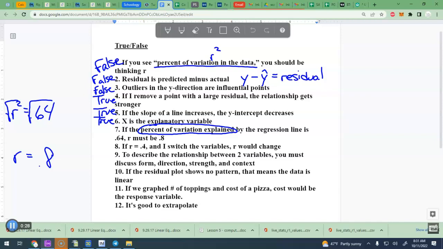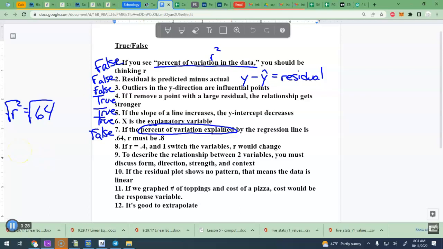So the square roots here are positive or negative 0.8. I don't know which one unless they give me more information, like whether the slope is positive or negative. I don't know that in this case, so to say it must be positive 0.8, well, if you got to 0.8, I'm pretty happy because you knew most of the problem. But it doesn't have to be positive 0.8, it could be negative. Sounds a little trickier. Does that make sense for 7?